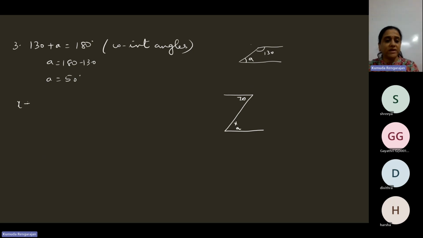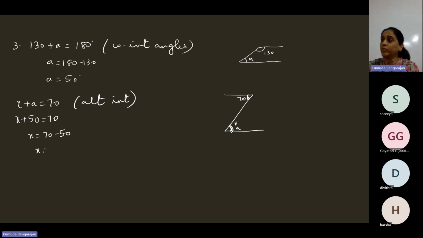So X plus A is equal to 70. Reason? Alternate interior angles are equal. This is one angle, which is X plus A, and this is the other angle, which is 70. So X plus 50 is equal to 70. X is equal to 70 minus 50. X is equal to 20.